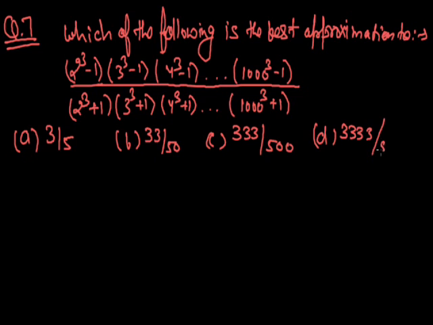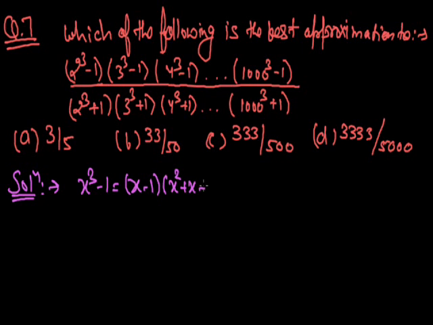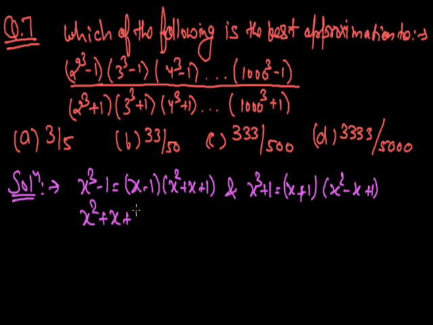To solve the above question, we should note that x cube minus 1 is equal to (x minus 1)(x square plus x plus 1), and also x cube plus 1 is equal to (x plus 1)(x square minus x plus 1), and x square minus x plus 1 is equal to (x minus 1) whole square plus (x minus 1) plus 1.